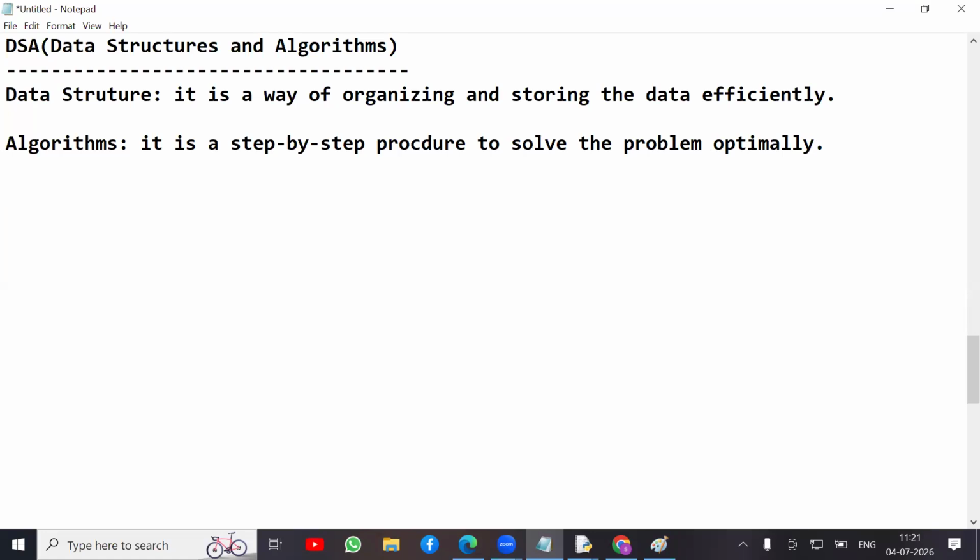Okay, that is dividing into two steps to solve the problems optimally.